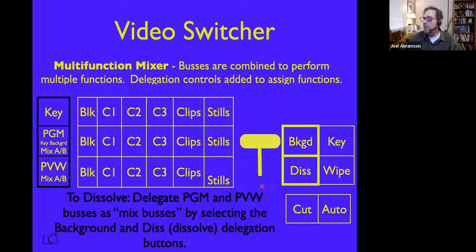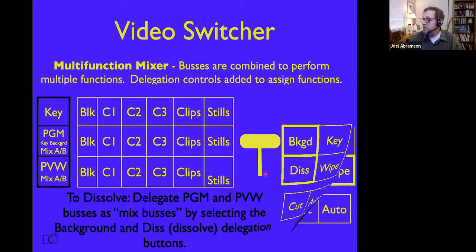So we're going to dissolve between camera 1 and camera 2. Camera 1's in program, mix A. Camera 2 is in preview, mix B. And since we have background and dissolve selected, all we need to do is pull the fader bar, and it makes a nice dissolve.